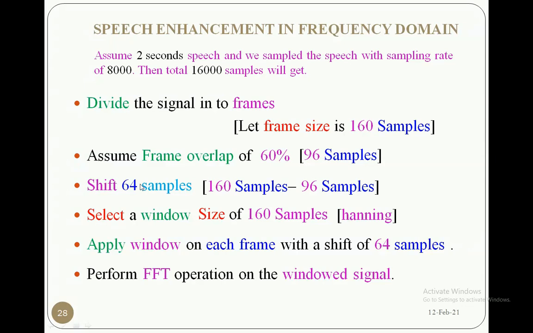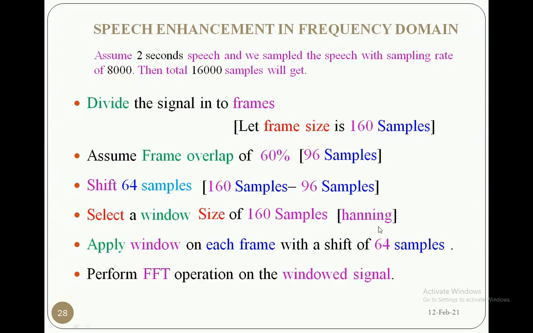First I applied the window on 0 to 160 samples, then I moved that window to the 65th sample, to the next 160 samples. Why? Because you require overlapping. So the shift of that window should be 64 samples every time to process the next frame, and the next. If you shift by 64 samples and apply the window of 160 samples again, you will get the samples of the second frame.